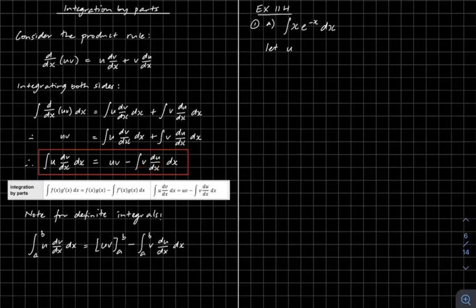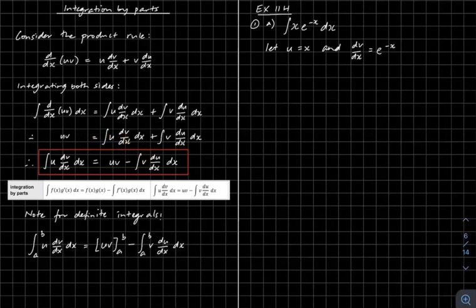So I'm going to say let u equal x, and I'm going to let dv dx equal e to the negative x. Now initially that may look a little bit strange, but I'm trying to get it in this form. So I'm just saying I'm going to let dv dx be that, and then I'm going to work out what a v would be so I can place it in those two points.